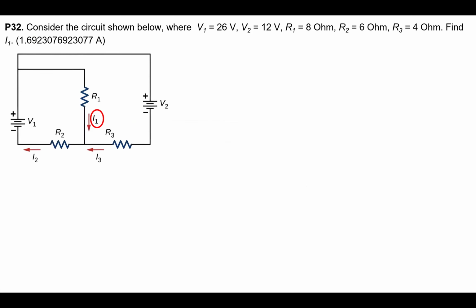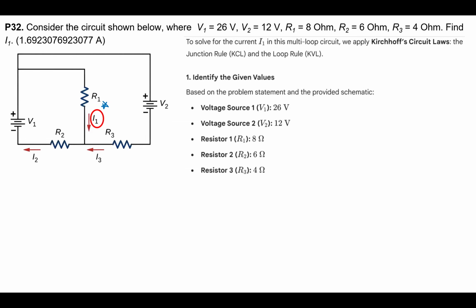Okay, next we are going to have a different set and consider the circuit below. The voltages V1, V2, and R1, R2, and R3 are given. And we are to find out what is the current I1, which is flowing through the resistor R1.